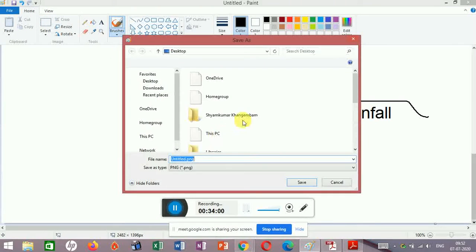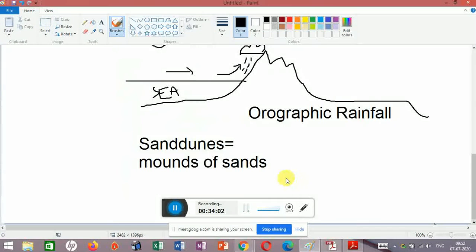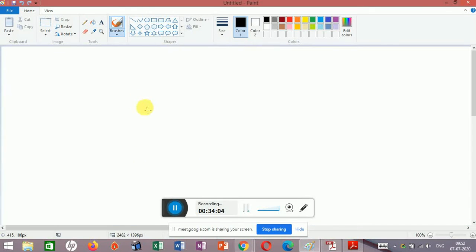If you see a Barsan from the sky, it looks like this. And this is the direction of the wind.